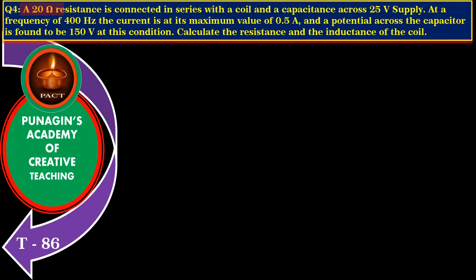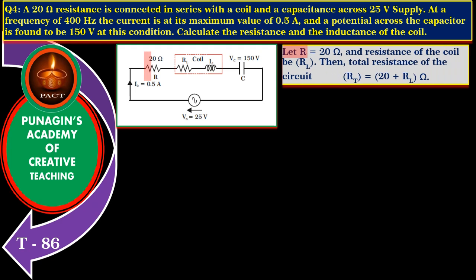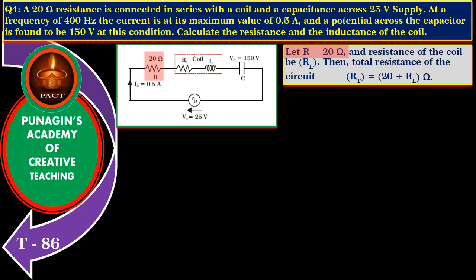In addition to 20 ohm resistance, the coil resistance also is present. Based on this statement, the circuit drawn is shown in figure. Let R is equal to 20 ohm and the resistance of the coil be RL. Then total resistance of the circuit RT is equal to 20 plus RL ohm.